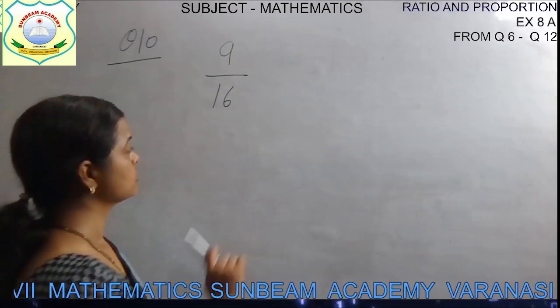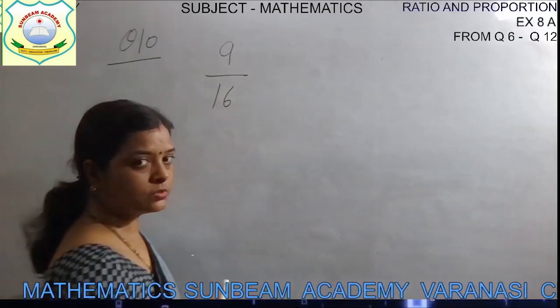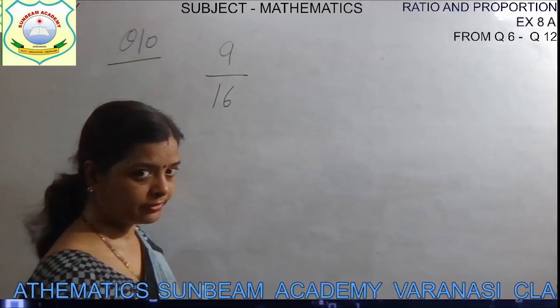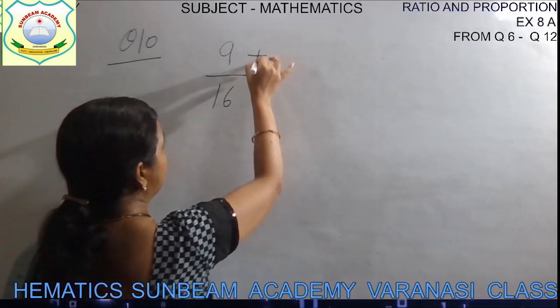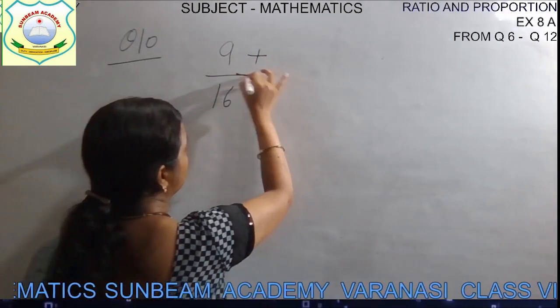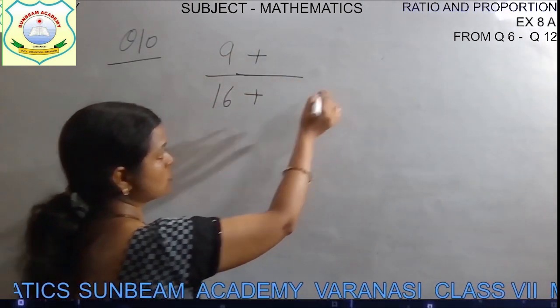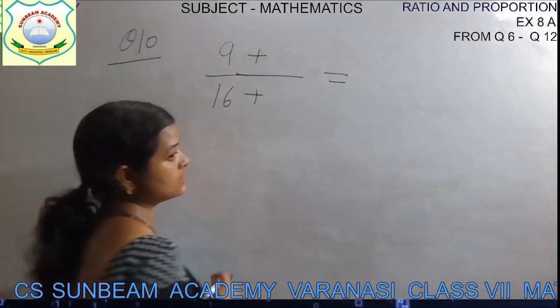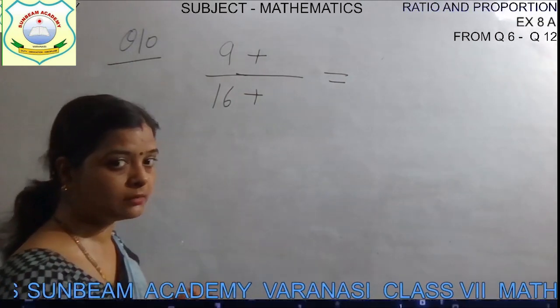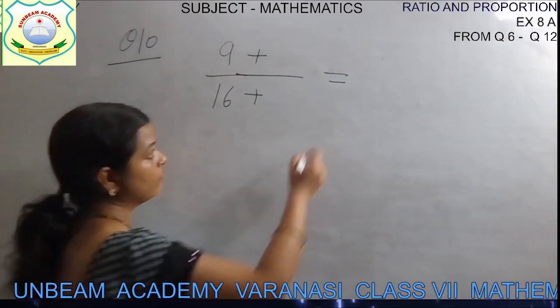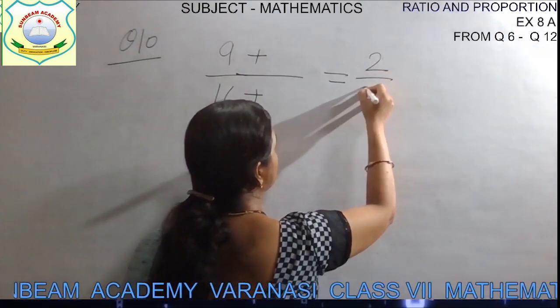Good. So 9:16 is the given ratio. We have to add the same number in both the terms so that whatever answer comes after adding that number, we will get it in the ratio 2:3.